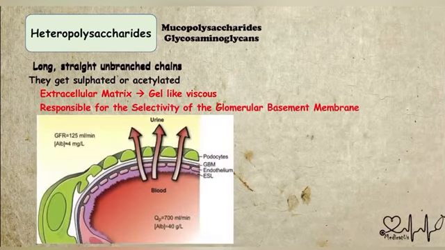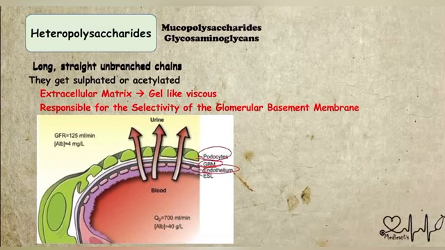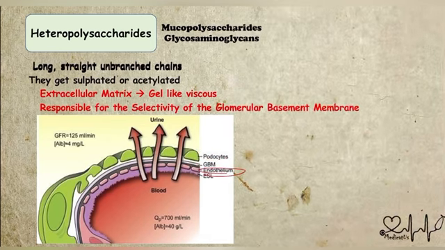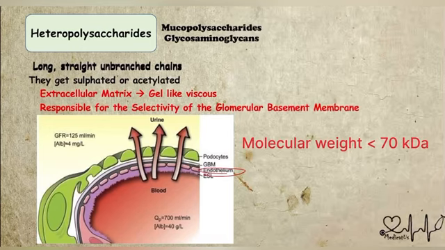The second reason is they are responsible for the selectivity of the glomerular basement membrane. Now what do I mean by that? We know that there are three layers in the filtration surface of glomeruli. The first one is endothelium, the second one is basement membrane, and the third one is Bowman's capsule. The capillary endothelial cells have pores, and these pores allow any molecule with a molecular weight less than 70 kilodalton to pass through.